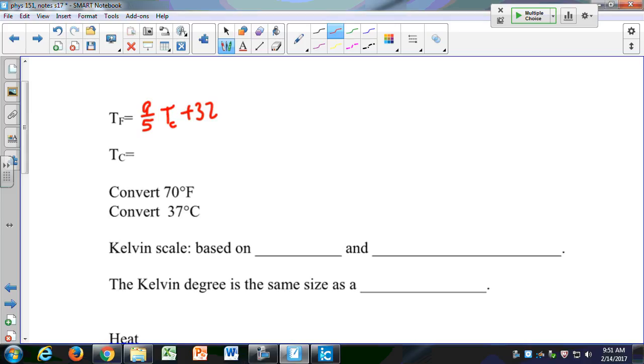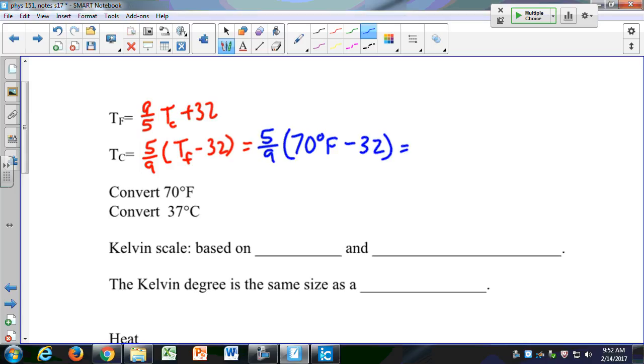In a similar way, the Celsius temperature is 5/9 times TF minus 32. So if I wanted to convert 70 degrees Fahrenheit, I would say 5/9 times 70 minus 32, and that's approximately 21 degrees Celsius.